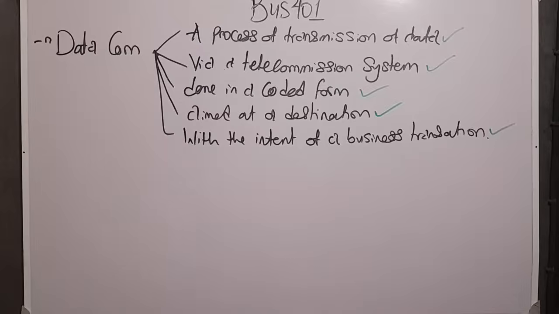Speaking of the telecommunication system itself, it has certain components. These components are a computer, a terminal, and a communication channel. These are the components of a telecommunication system. All these we must note, please.